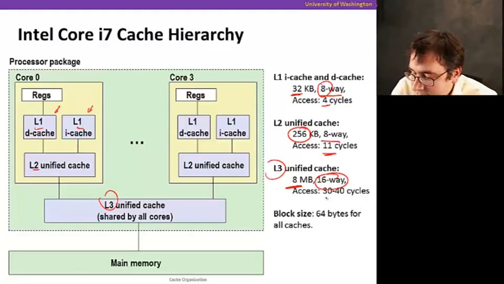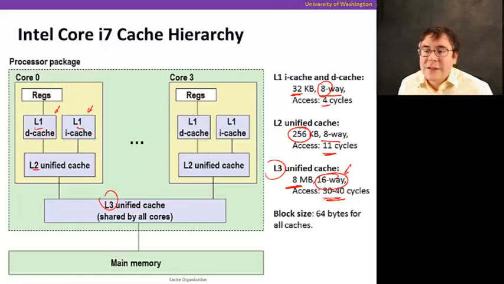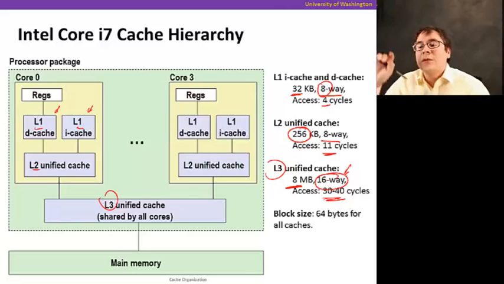That's because the access time is also much slower than the L2. The reason that the L3 also has much higher associativity is you want to reduce the misses. When you reach the L3, you better hit, because if you don't, you have to go to memory, which is much more expensive. And the block size here is 64 bytes in all cases. See you soon.